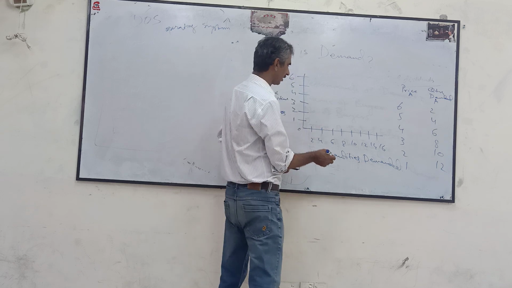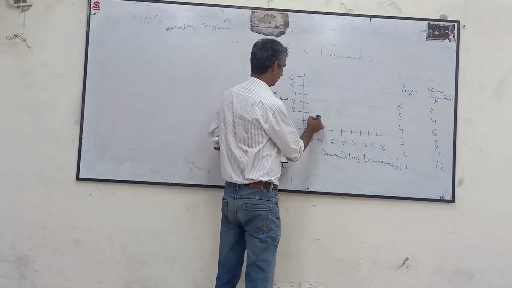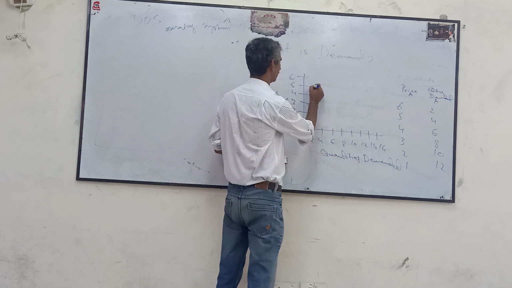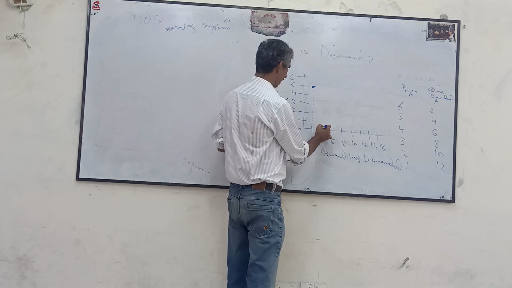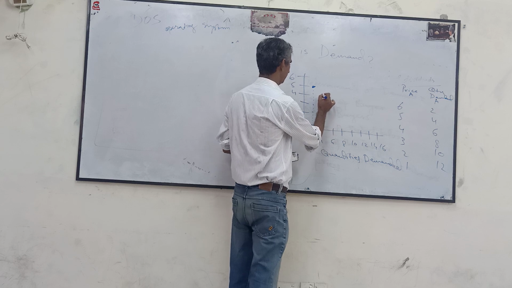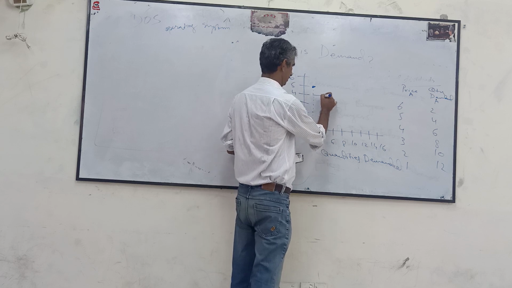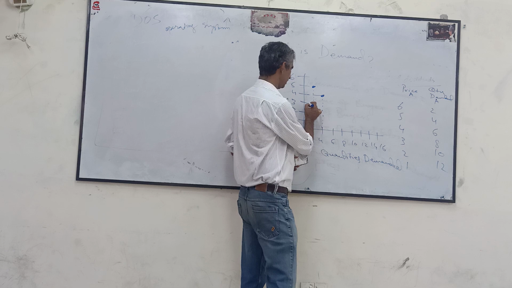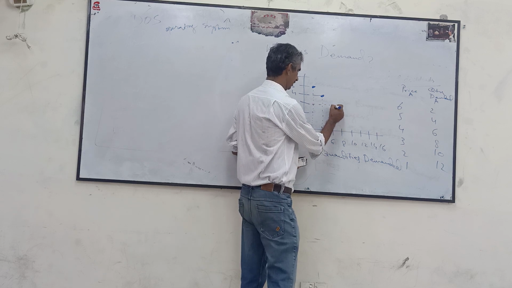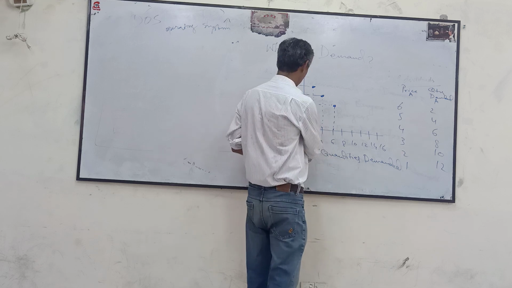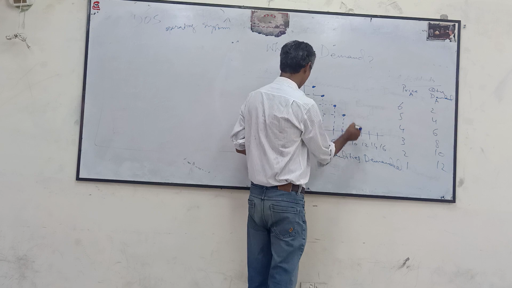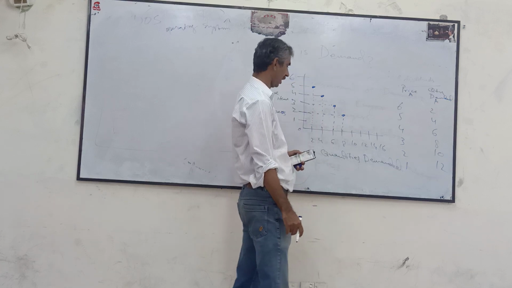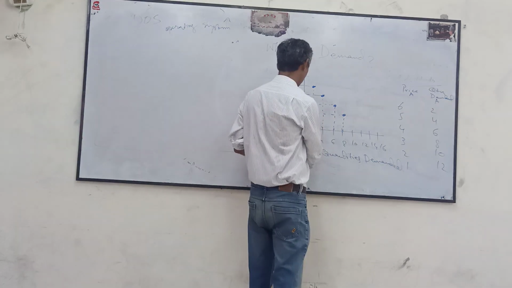So when we connect them on the graph paper: at price 6, the person is buying 2. At price 5, the person is buying 4. At price 4, buying 6. At price 3, buying 8. At price 2, buying 10.